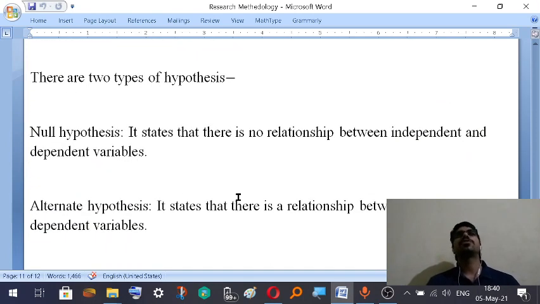There are two types of hypothesis. The first is null hypothesis and the second is alternate hypothesis. The null hypothesis states that there is no relationship between independent and dependent variable, whereas the alternate hypothesis states that there is relationship between independent and dependent variable.